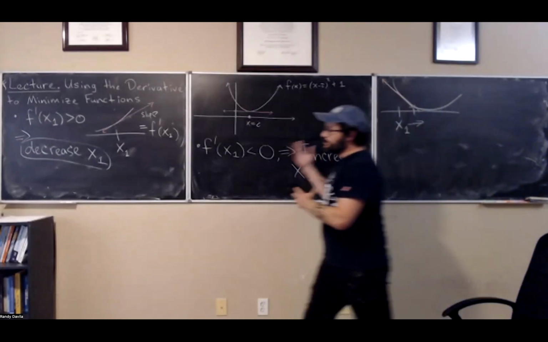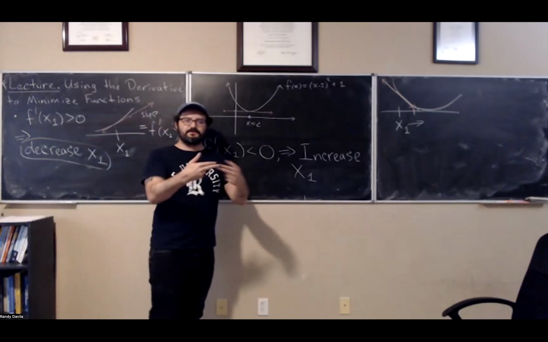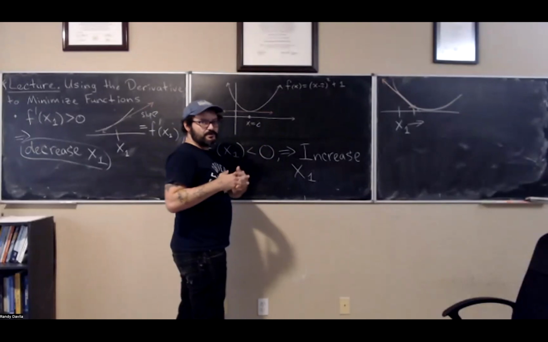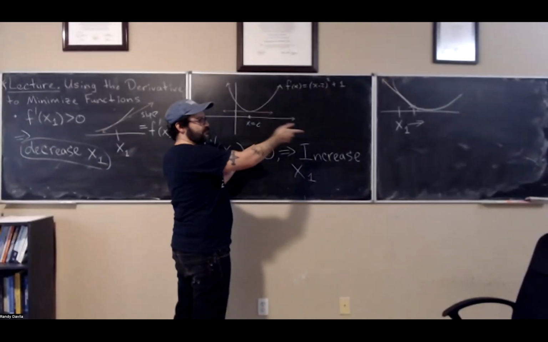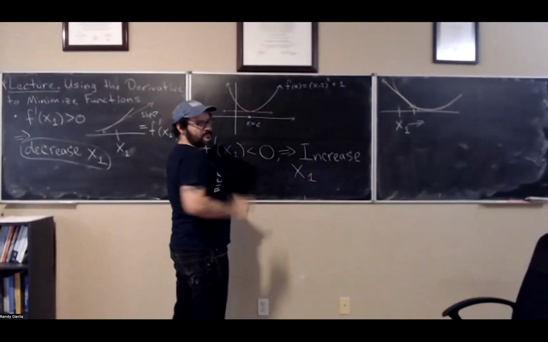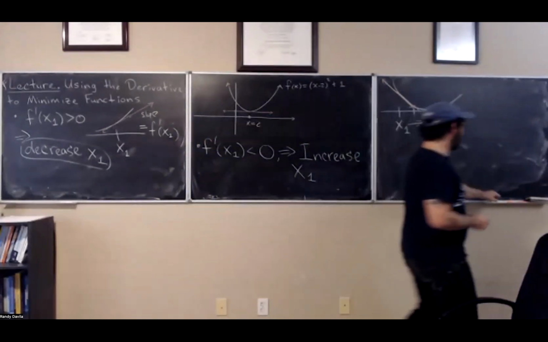So with this notion, we can take little steps. We can make a guess and then use the derivative to tell us to take a walk either left or right, and we can try to isolate that minimum point by iterating this over and over.